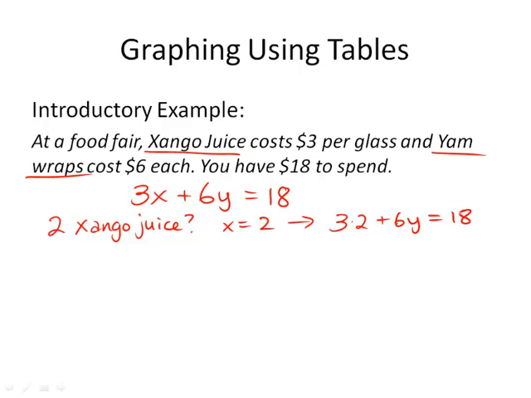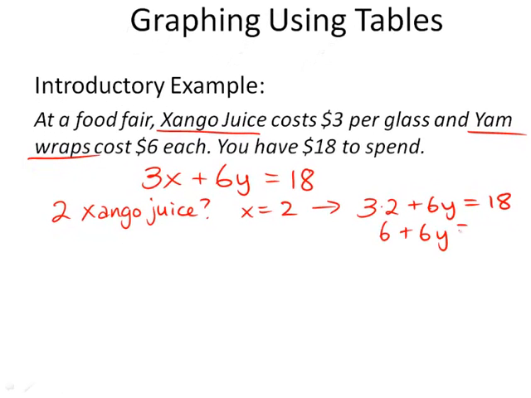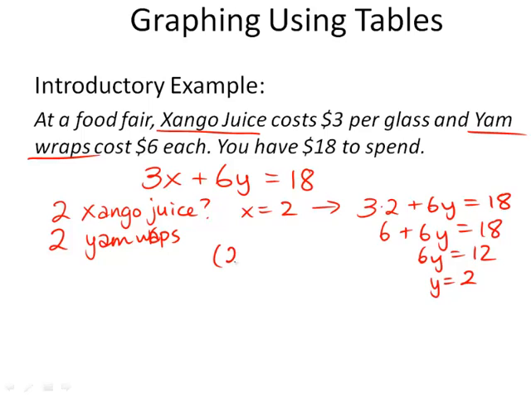If you bought 2 Zango juice, that would cost you $6, which then would leave you with $12 to spend on your yam wraps, which would allow you to spend the money on 2 yam wraps. So you could have 2 Zango juice and 2 yam wraps. That's one possible combination. So a coordinate point for that would be 2, 2.